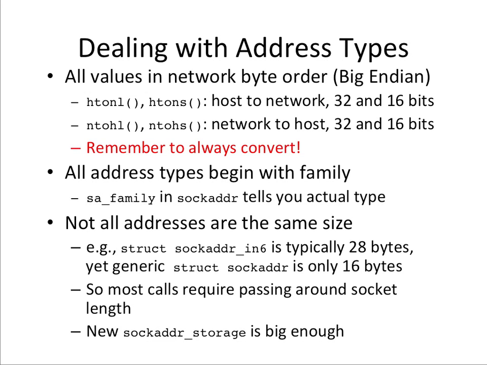Because my laptop might represent 1, 0 as 0, 1, but if I call that function, then it's going to convert that to 1, 0. That's the network order. What if my laptop actually represents 1, 0 as 1, 0? What happens when I call that function? Yeah, it does nothing because it's already in network order. Does that make sense? So do you understand why you need these functions?